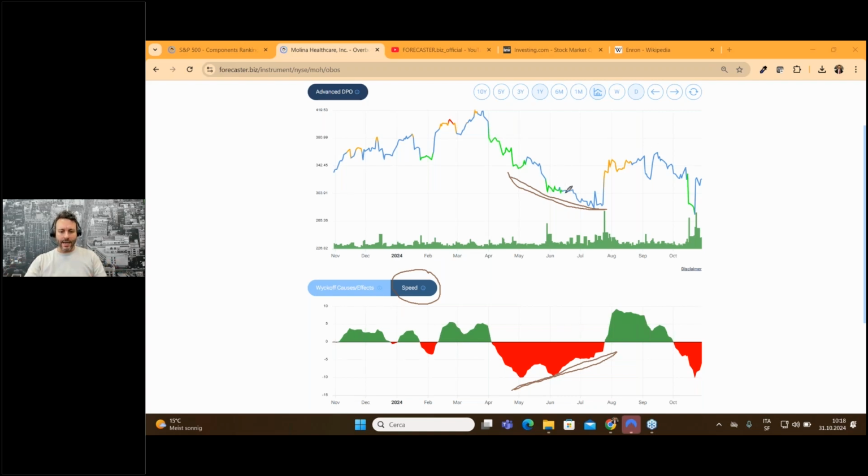We calculate the velocity, the speed of the prices as you can calculate the speed of a car. Okay, imagine this is not a price of a share, but it's a car. We can calculate the speed of these prices, and for example in this case we started to have a divergence.